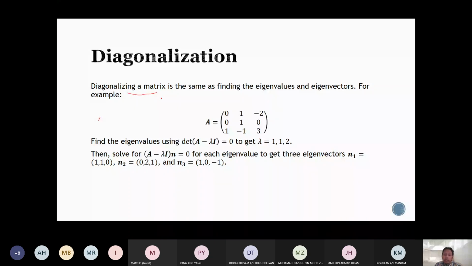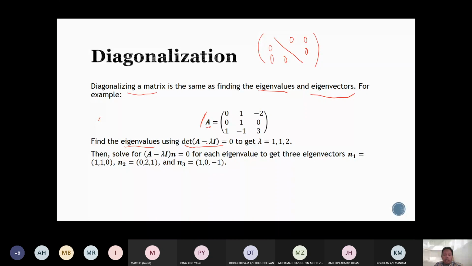So to diagonalize a matrix, basically we need to find the eigenvalues and eigenvectors. Okay, so for example, if we have this matrix A, and we want to write it in terms of a diagonal matrix, which only has these elements while the other elements are zero. So first thing that we need to do is to find the eigenvalues of A. To find that, we use the determinant: determinant of A minus lambda I equals 0.